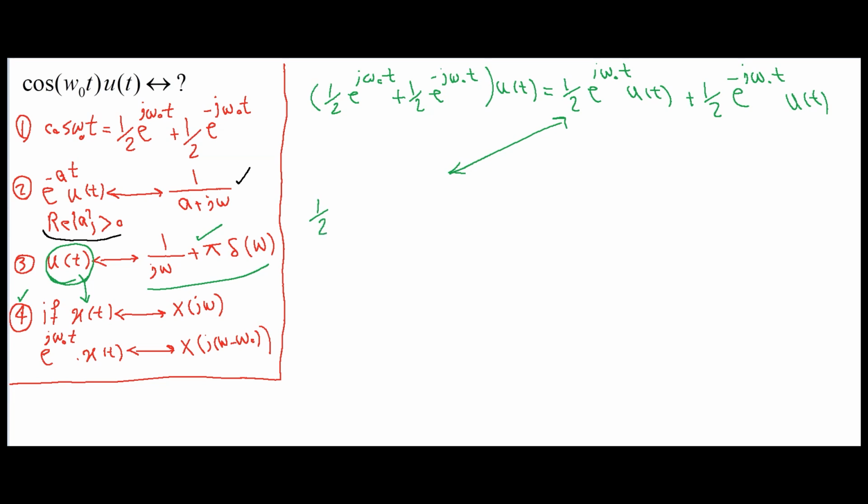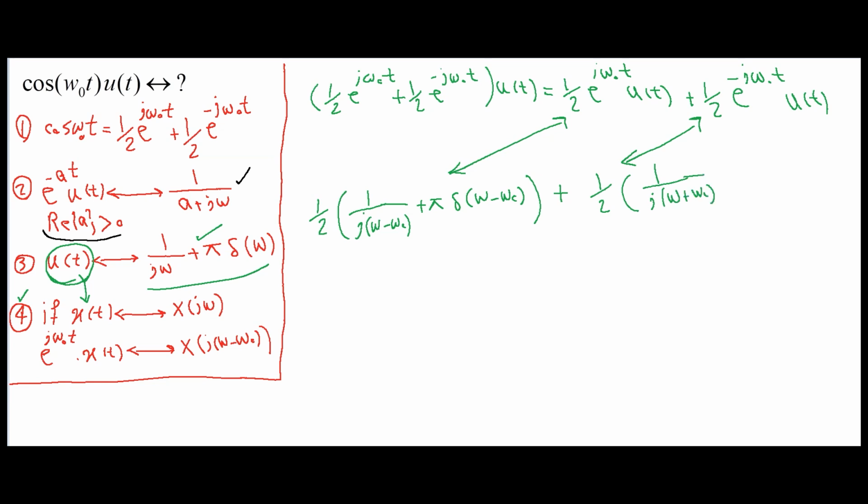So the Fourier transform of the first term becomes 1/2 times 1 divided by j omega minus j omega 0 plus pi delta of omega minus omega 0. In the same way, the Fourier transform of the second term becomes 1/2 times 1 divided by j omega plus j omega 0 plus pi delta of omega plus omega 0.